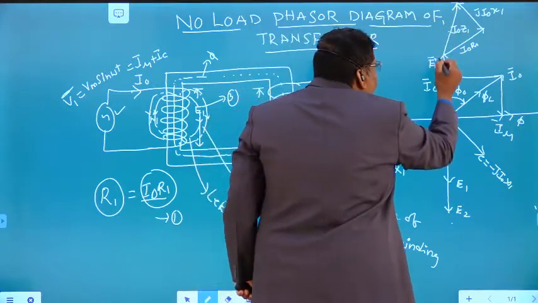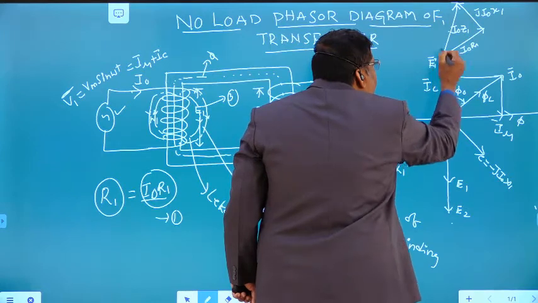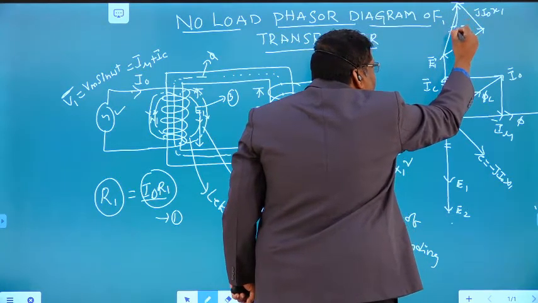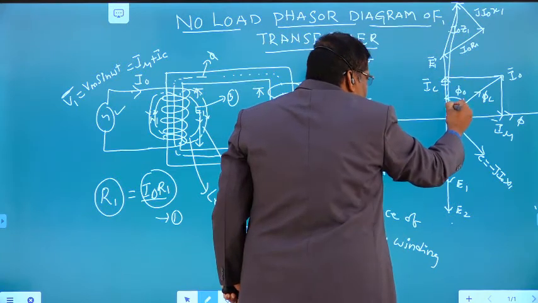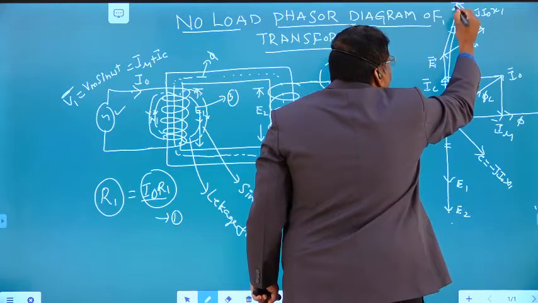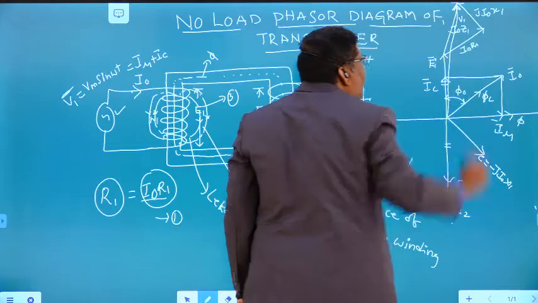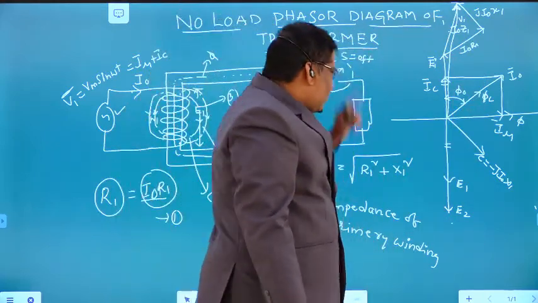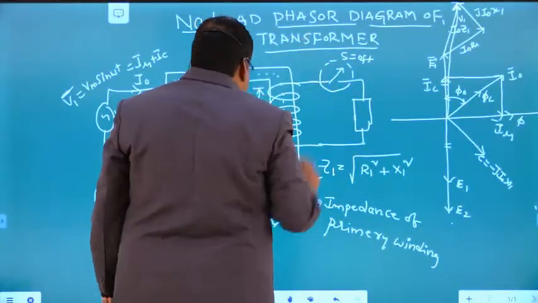See here, if you find the resultant of the phasors E1 and I naught Z1, the resultant phasor becomes this one. This is the V1. So from this phasor diagram, we can write a mathematical expression for the primary winding.